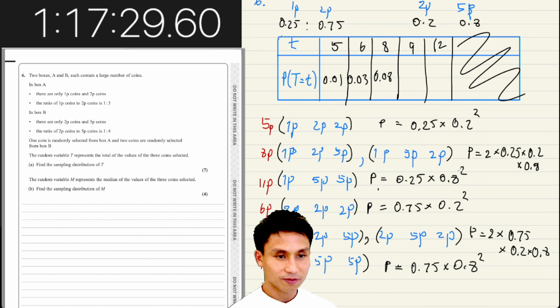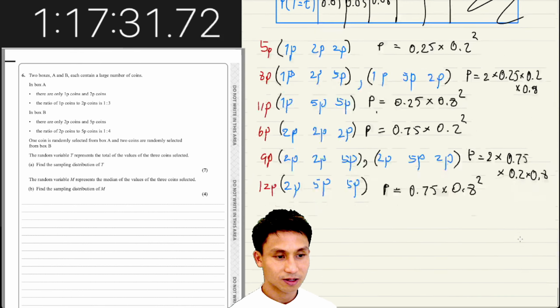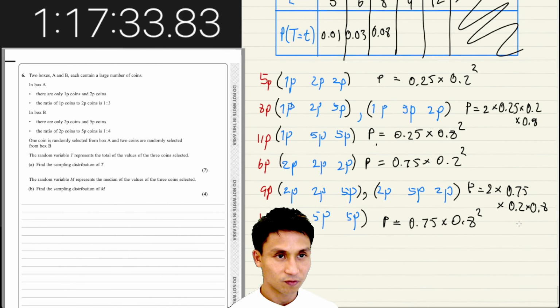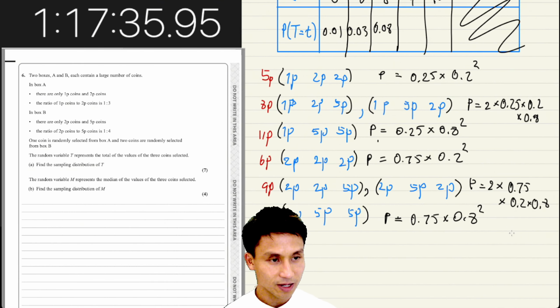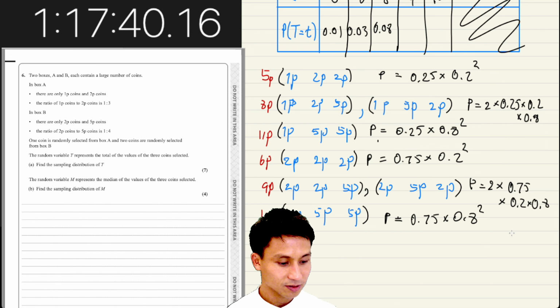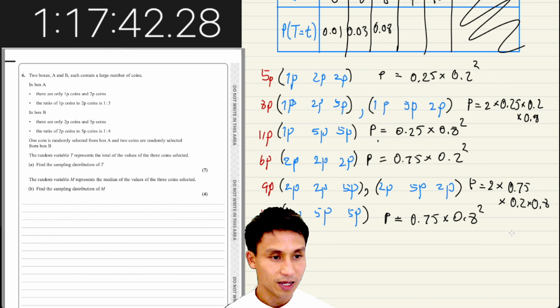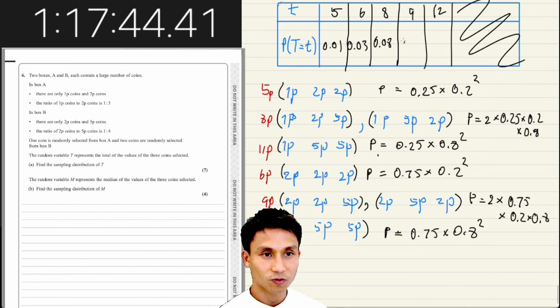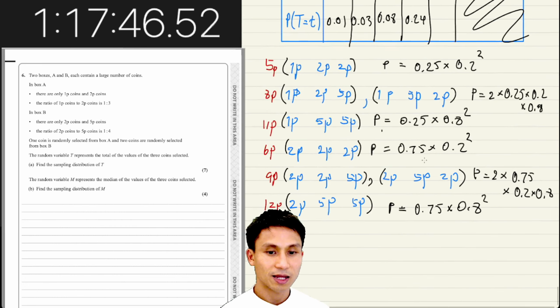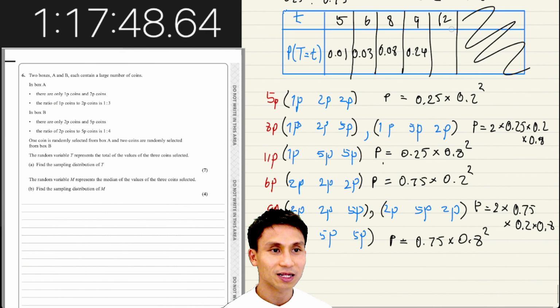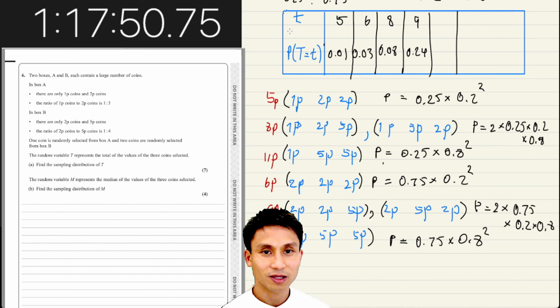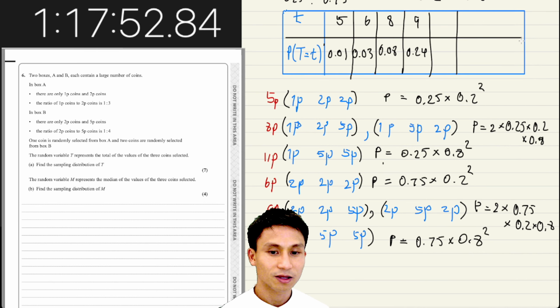And 9 pence here, we have 2 times this guy right here. So 2 times the 9 pence, 0.75 times 0.2 times 0.8. That is 0.24. And 12 pence, oh, we forgot 11. How can we? 1, 2, 3, 4, 5, 6. 1, 2, 3, 4, 5, and 6.